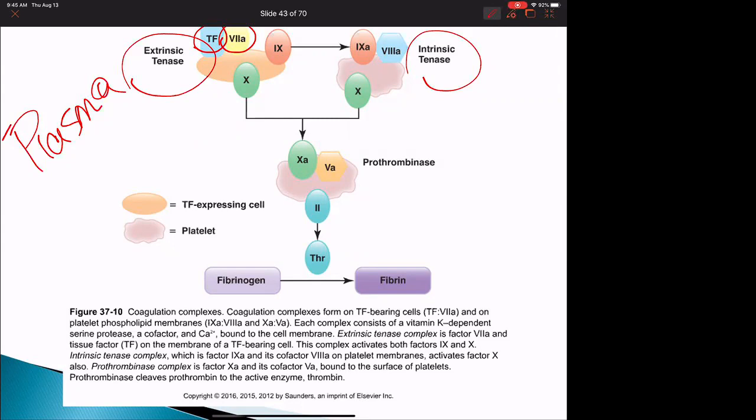Now, this complex right here that has been formed between tissue factor and activated factor 7 is called the extrinsic tenase complex, okay? The reason why it's called the extrinsic tenase is because this complex activates factor 9 and factor 10 to activated factor 10.